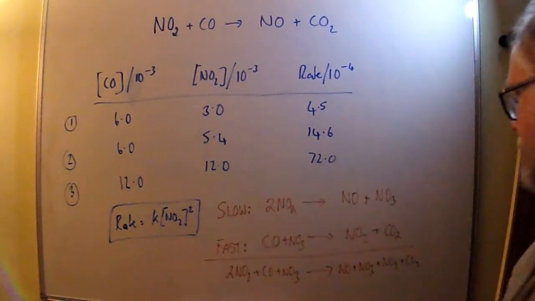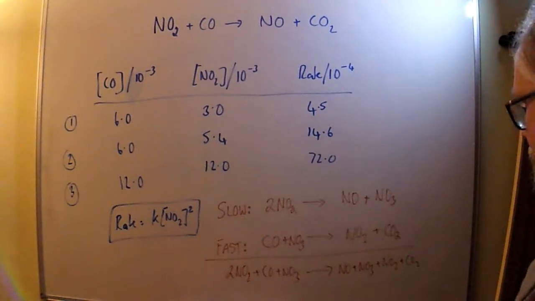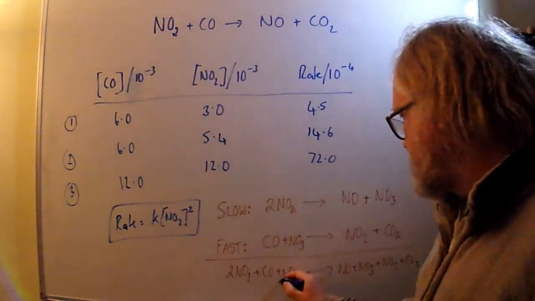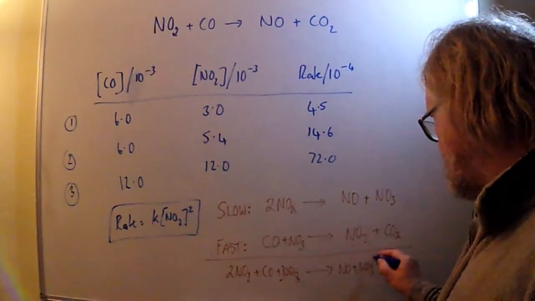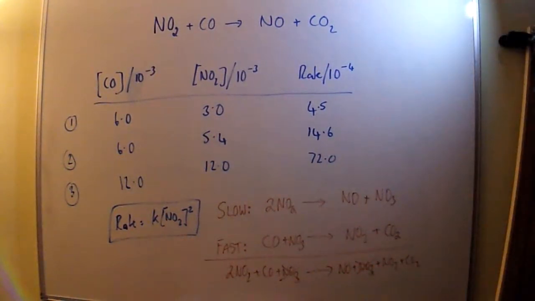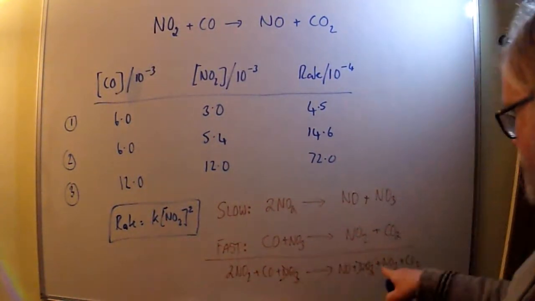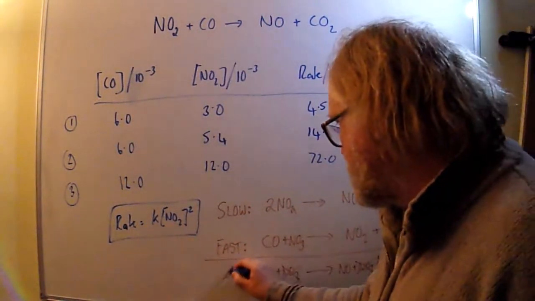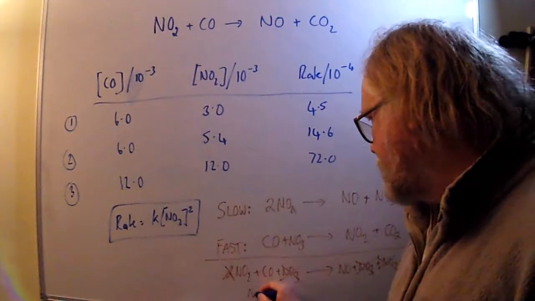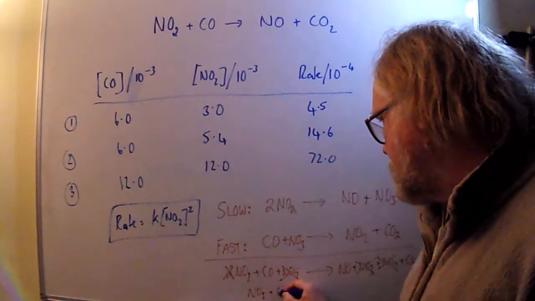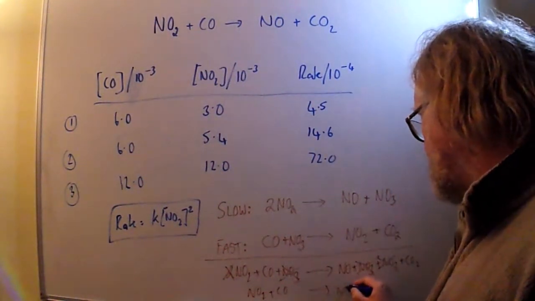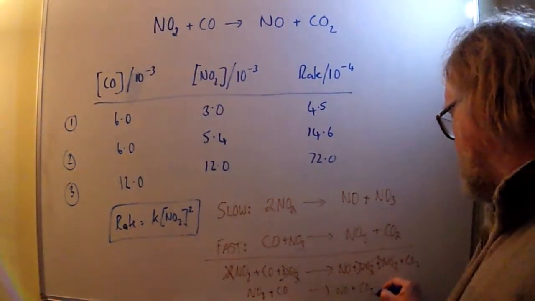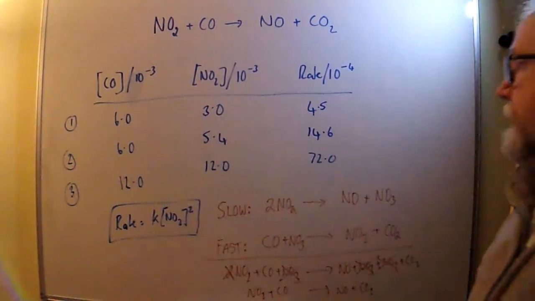So it looks really messy, but there's lots of simplifying to be done. First of all, the NO3 cancels out because it's there on both sides. Secondly, we've got 2 NO2s on the left, but one of them's still there on the right, so that cancels out and that goes down to just 1, and that leaves us NO2 plus CO goes to NO plus CO2, which is the correct overall equation.